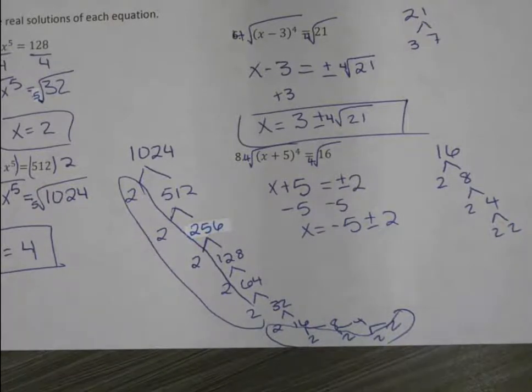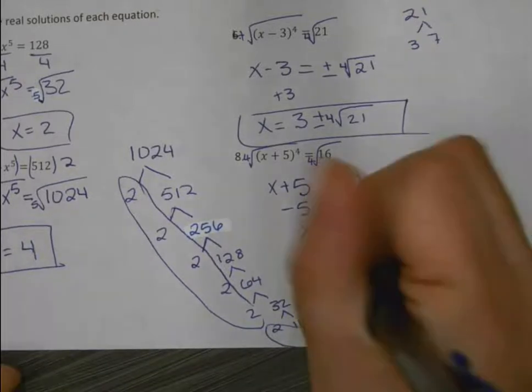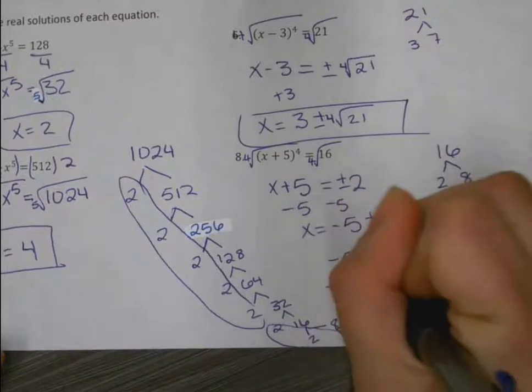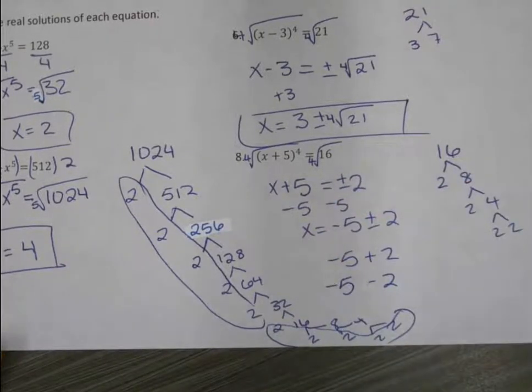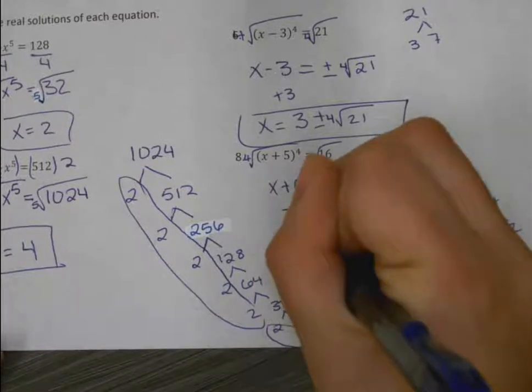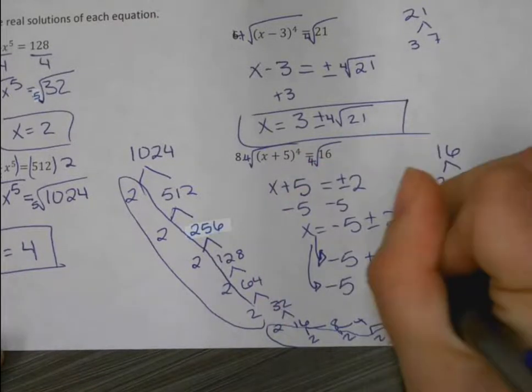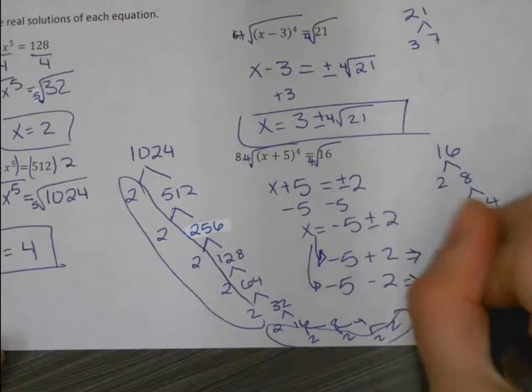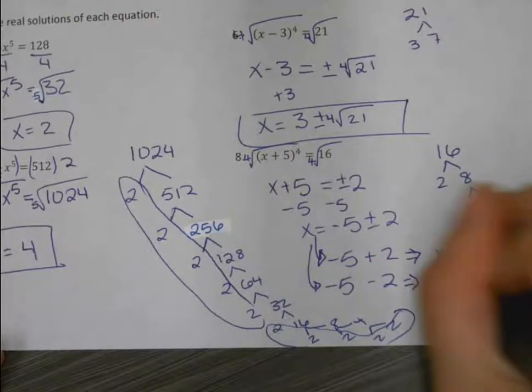So what should I do? I get 2 answers. So I'm going to have negative 5 plus 2, and then negative 5 minus 2. So x equals negative 3, and x equals negative 7.